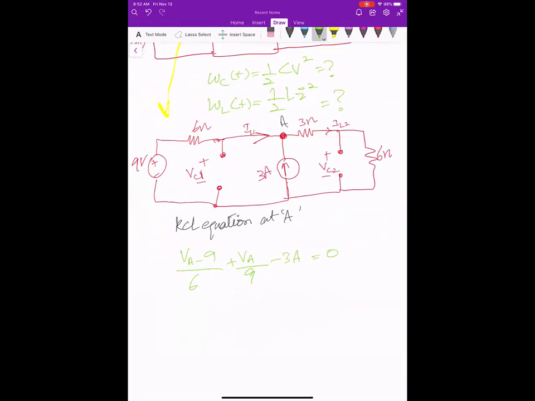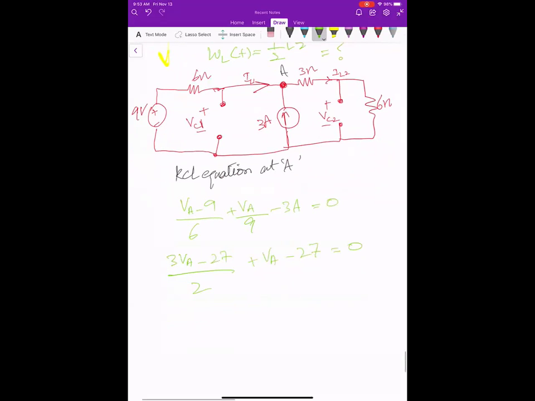So it's not difficult. It will give me, okay, what I have done is multiplied by 9. So this is amperes just.